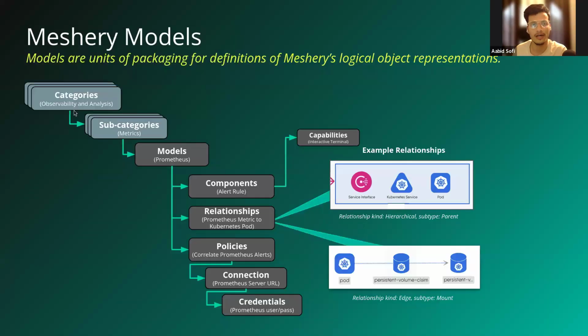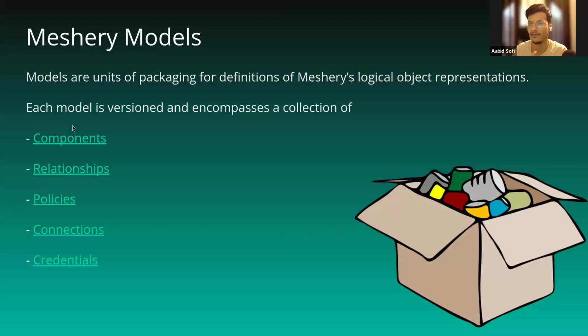Meshery models are essentially one of the extensible areas of Meshery. Because Meshery manages a large catalog of cloud native technologies, how we define them, how we are able to orchestrate some of them, and how we are able to manage some of the technologies is defined inside these Meshery models. As in the slide, we have a pretty simple definition for this pretty complex construct.